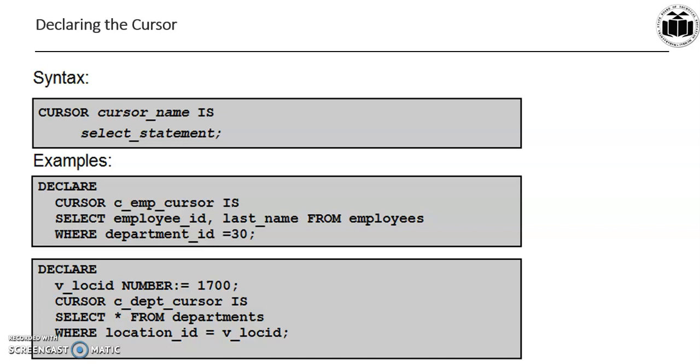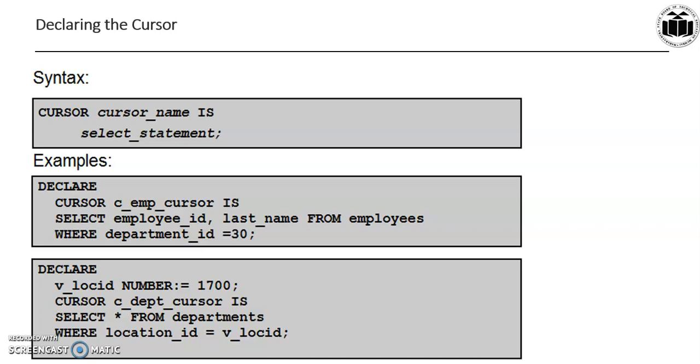See the example in the declare section. Cursor name is C_EMP. The cursor is select employee ID, last name from employees where department ID is equal to 30. So first, select employee ID, last name from employees where department ID is equal to 30, gets executed.